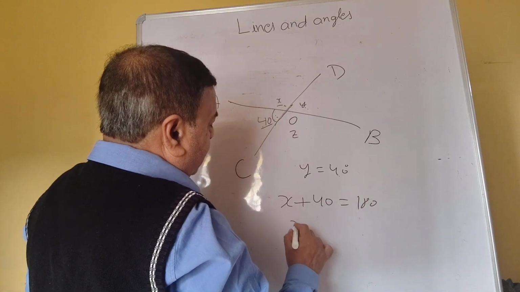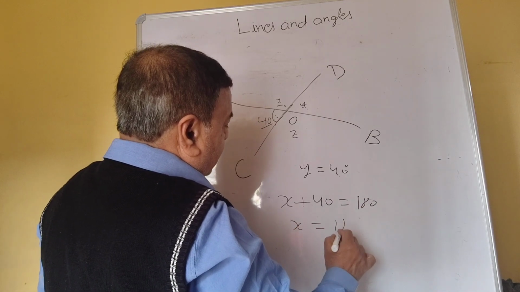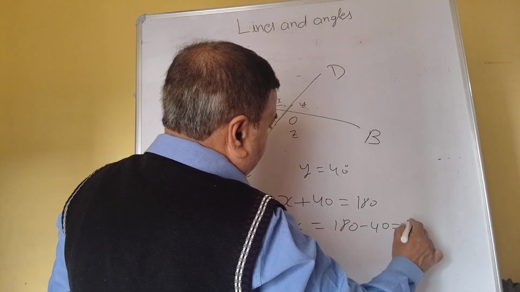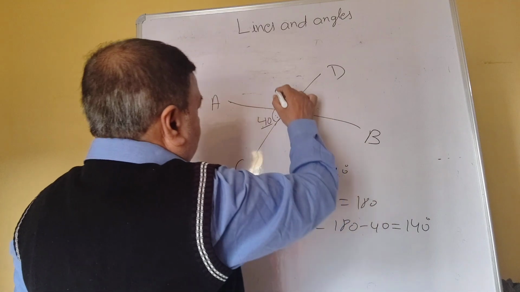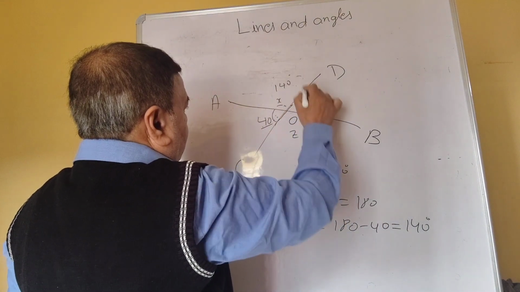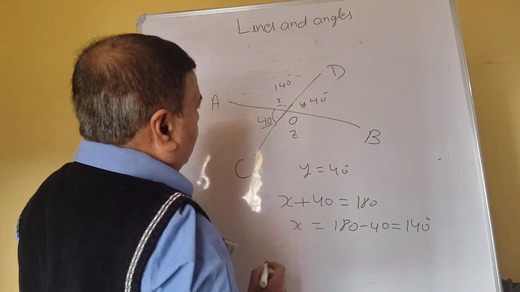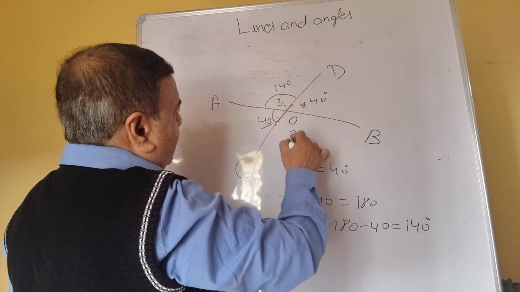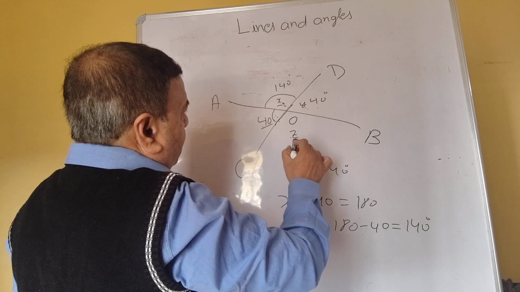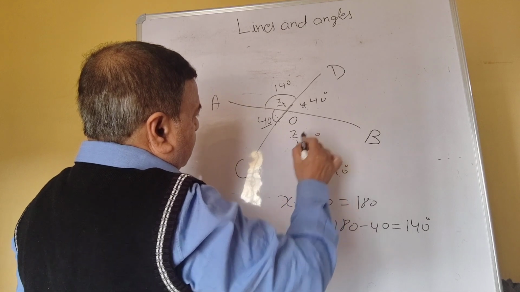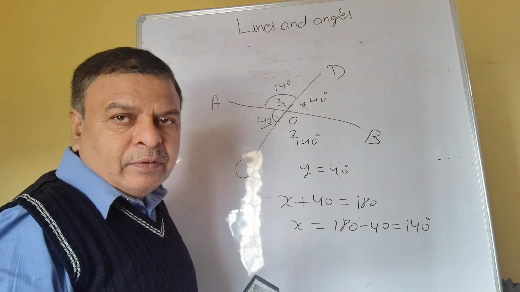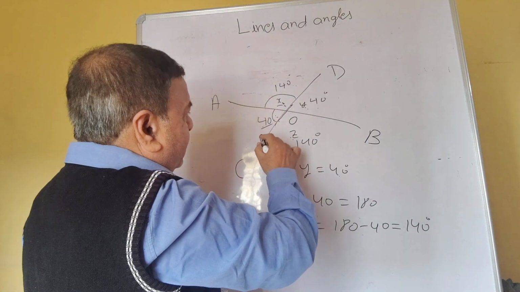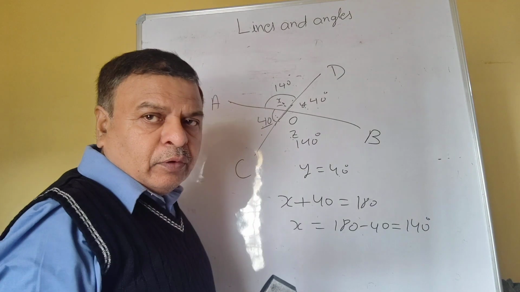We can easily find the value of x. 180 minus 40 is 140. So the value of x is 140. And again, x and z are vertically opposite angles. So z will also be 140. Is that clear to you? This is a very simple question, very simple rule. Vertically opposite angles and linear pair. Okay.